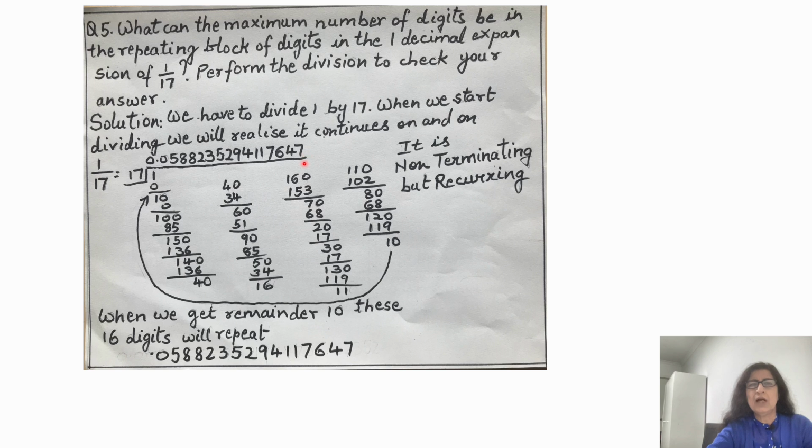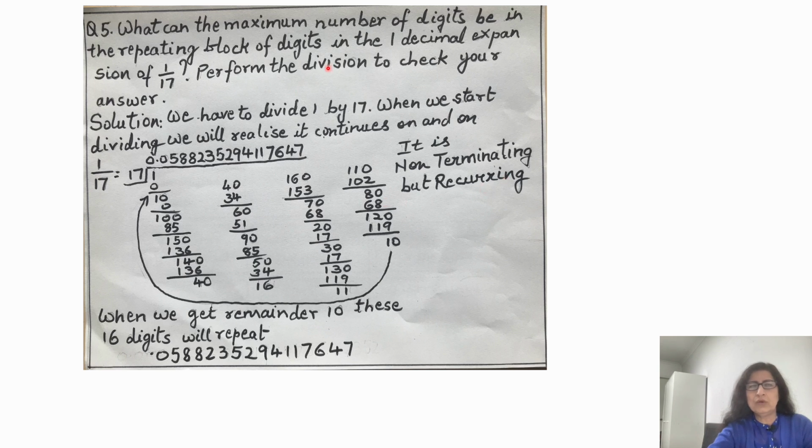0.0588235294117647. Now after this digit 7, the numbers will again repeat: 0588235294117647. As we can see over here that the remainder 1 has been repeated again after 16 steps. So this is non-terminating but recurring.